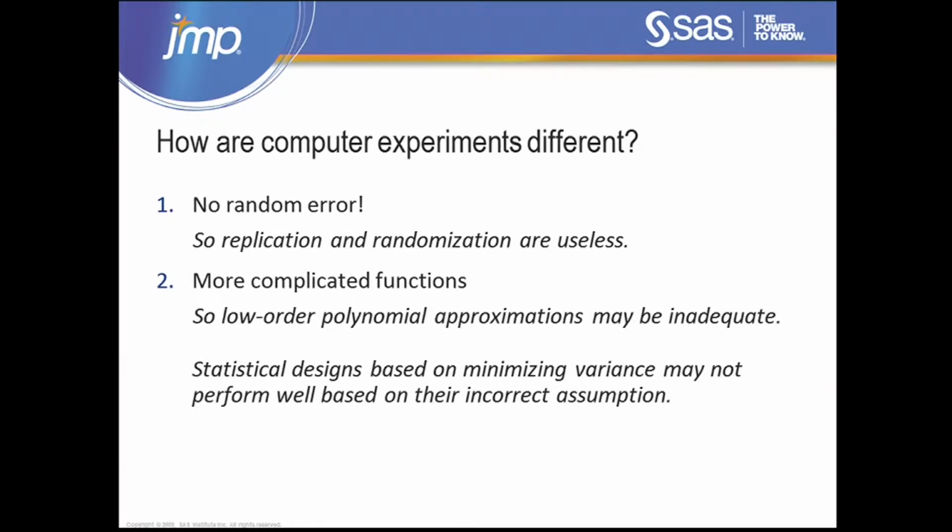Okay, so how are computer experiments different from experiments in the real world? Well, the first thing is that in the real world, all observation involves noise. It's unavoidable. It's the nature of real things. But in computer experiments, you don't have to worry about noise, to a large degree, because if you create the same initial conditions, you're going to get the exact same response.